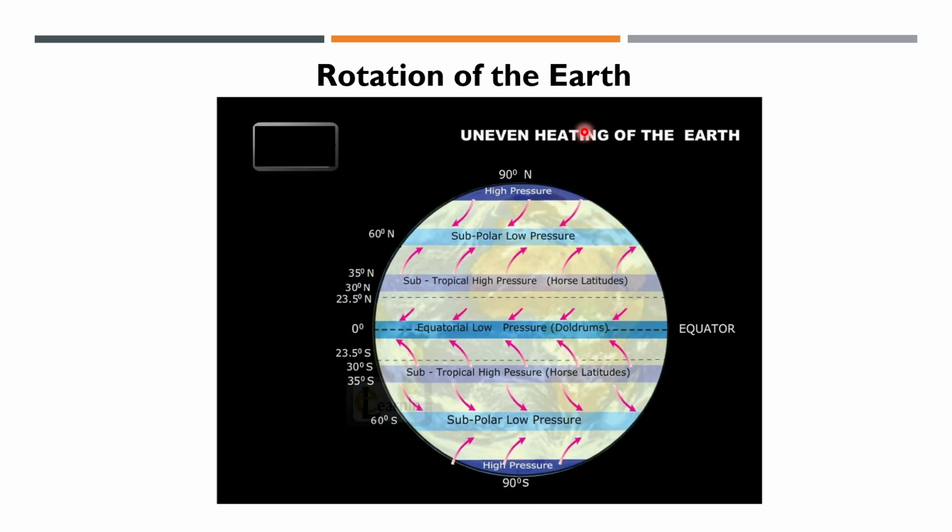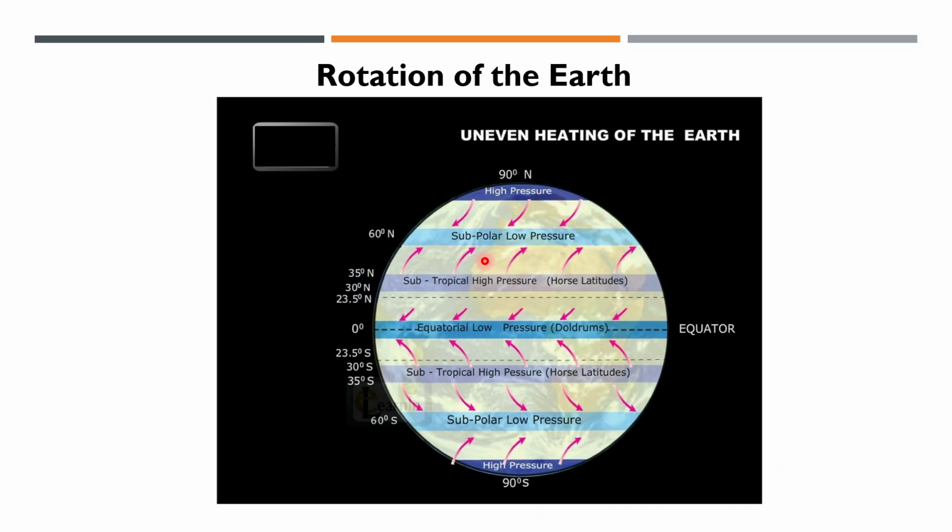Rotation of the Earth also plays a very important role in determining the pressure belts. The bulk of the air swings from the polar regions towards the equator.